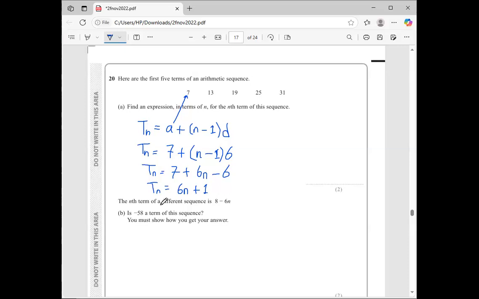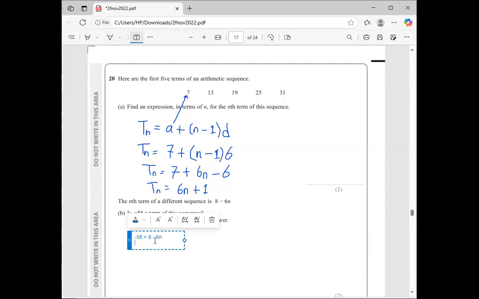So here we go. Let me use the text property so that I will be faster. -58 equated to 8 minus 6n, what we're testing. Okay. So we want to verify that when we're looking for n, it will be a whole number.